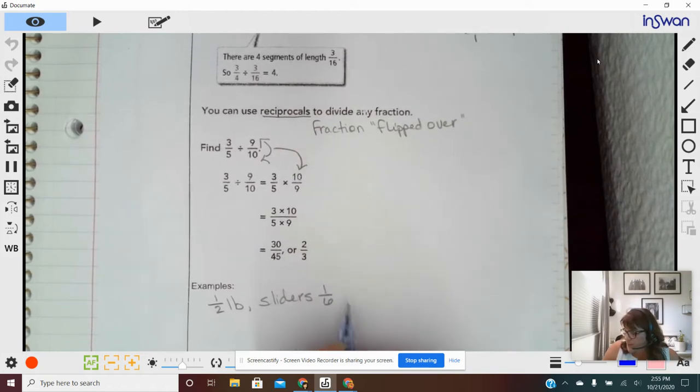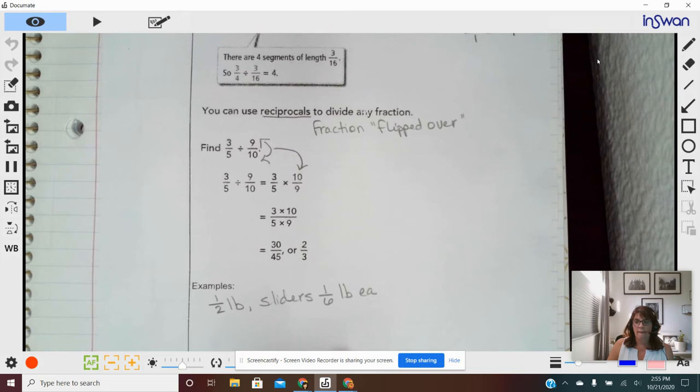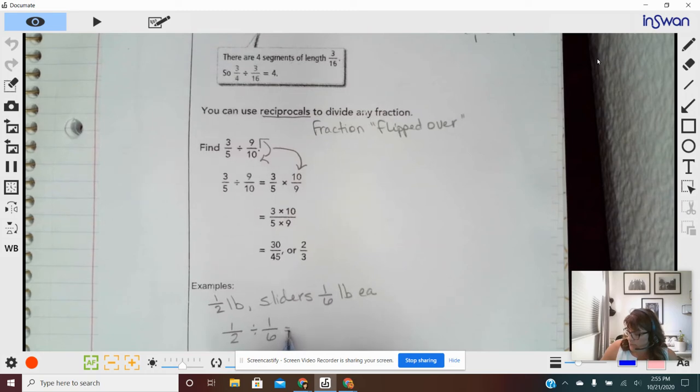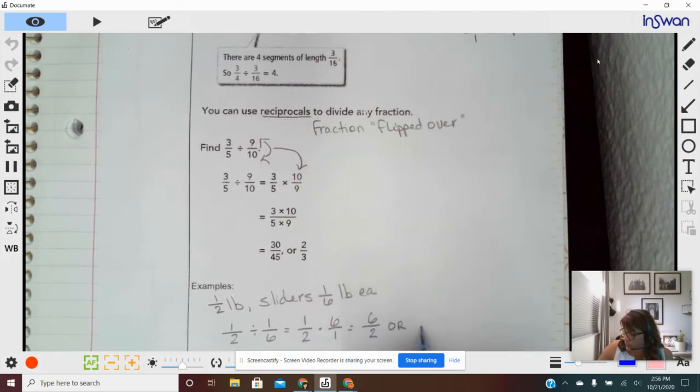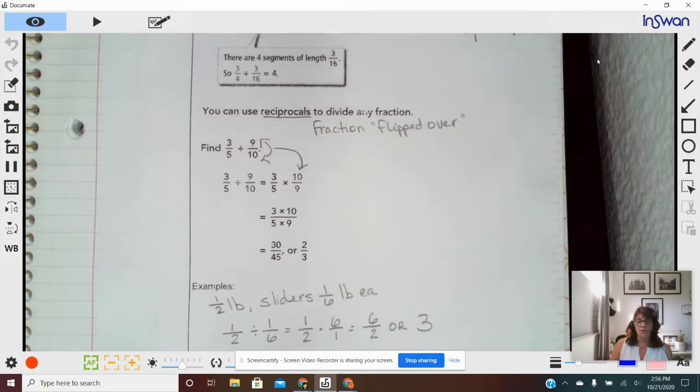That were 1/6 pound each. Cute little burgers. Do I have enough to make 3? Well, if I took 1/2 pound and divided that into the size 1/6, that's the same as multiplying by 6/1. So that's 6/2. Yeah, 3 sliders, no problem at all.